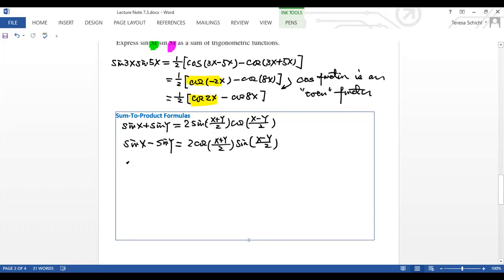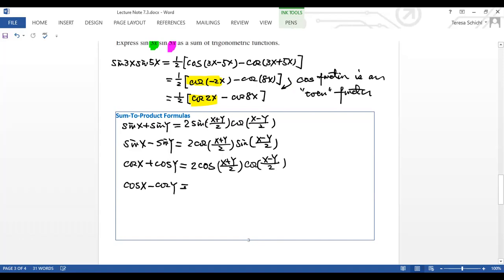How about cosine x plus cosine y? This one will be equal to 2 cosine of x plus y over 2, times cosine of x minus y over 2. Now here I have cosine x minus cosine y.